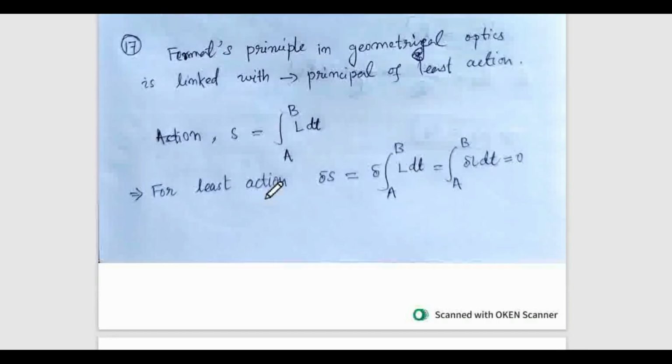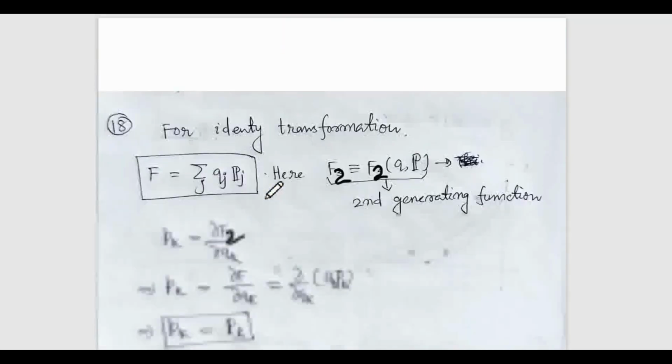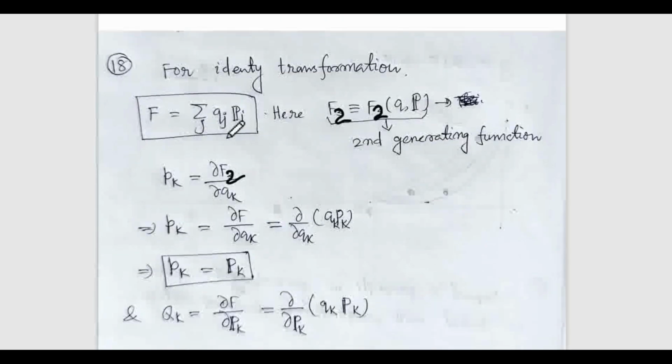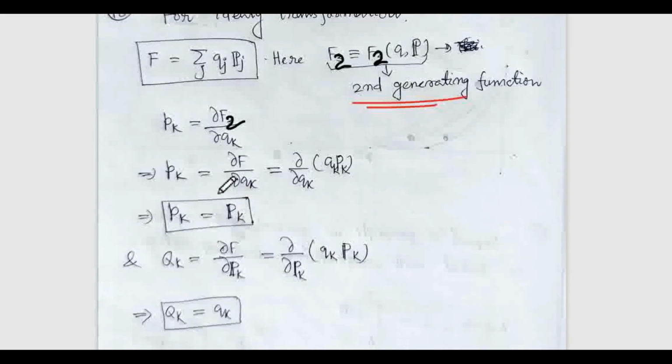If you see the solution, this F should be a function of small q_j and capital P_j, and this F is the second generating function, because the second generating function is a function of small q and capital P. Now if you find small p_k, you have to differentiate this F2 function with respect to small q, and you will find that small p_k is equal to capital P_k.